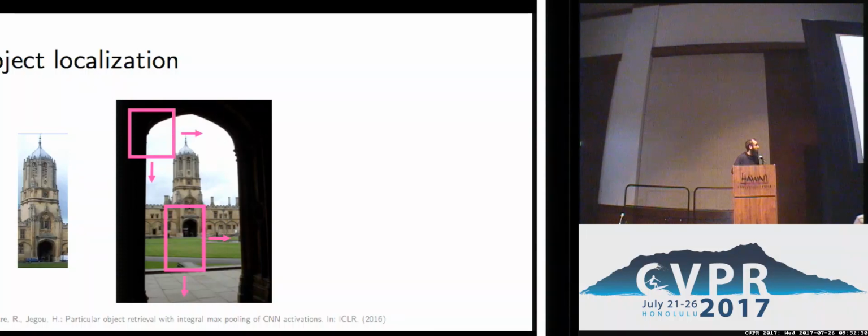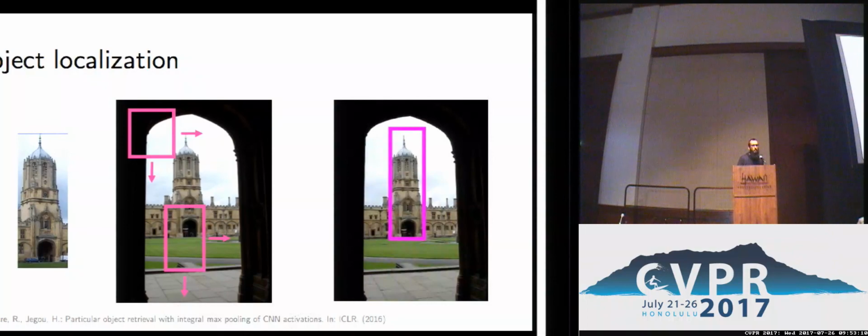So, to what I presented before, we extract a global image descriptor to represent an image. Now we are exploiting the same information from the 3D tensor of activations in order to get a query image and localize the object on the database side.